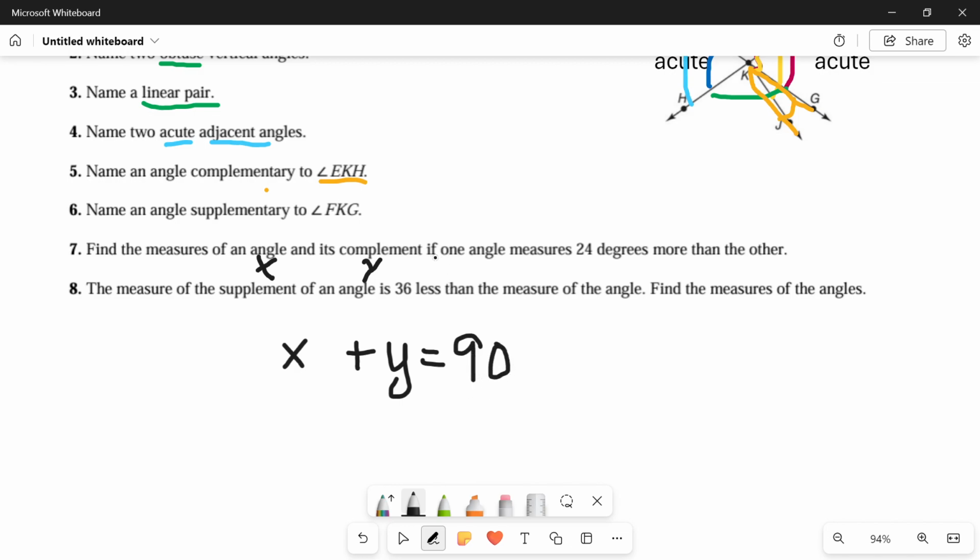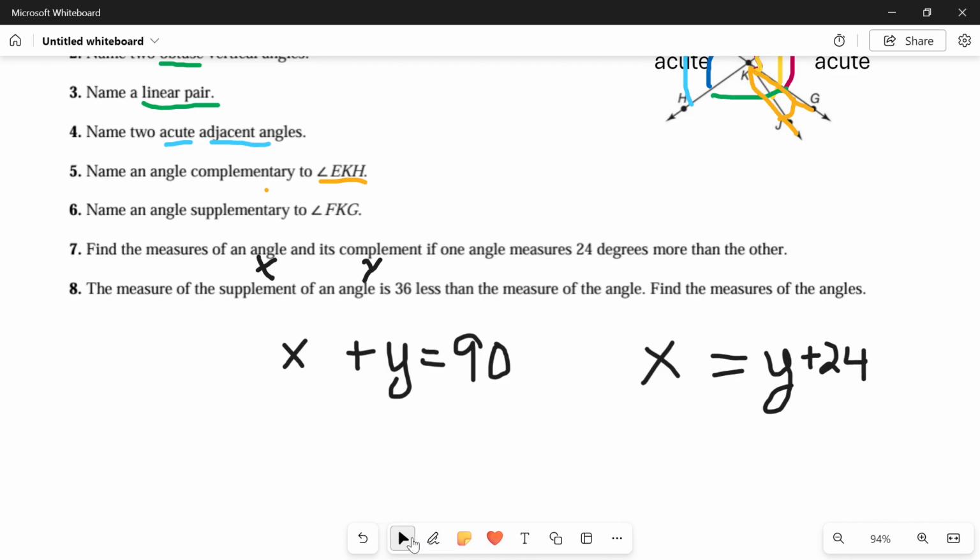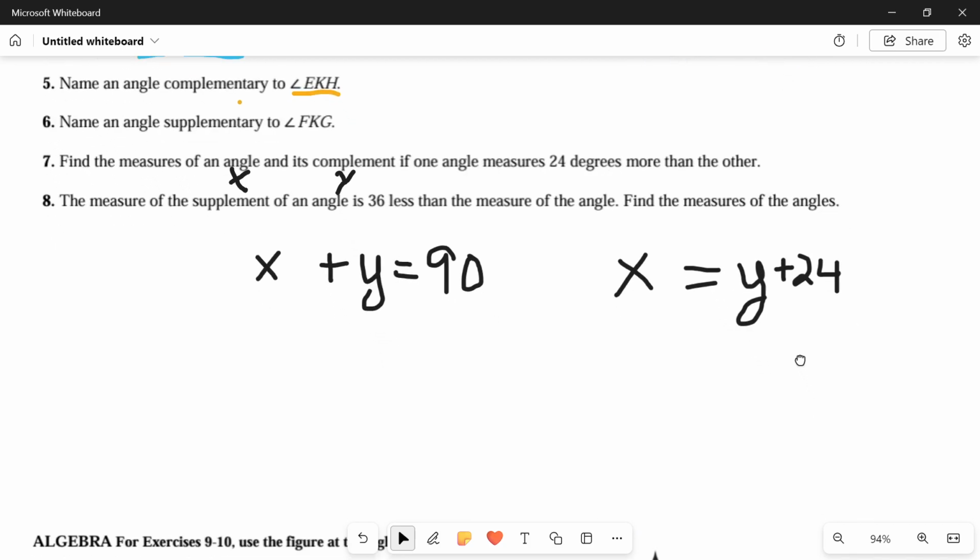Okay? And they also said they're not equal to each other. One is 24 degrees more than the other. So X is not equal to Y because let's say X is the bigger one. So it would only be equal to Y if I added 24 to Y. Okay? Then we have a little algebra we can do here.